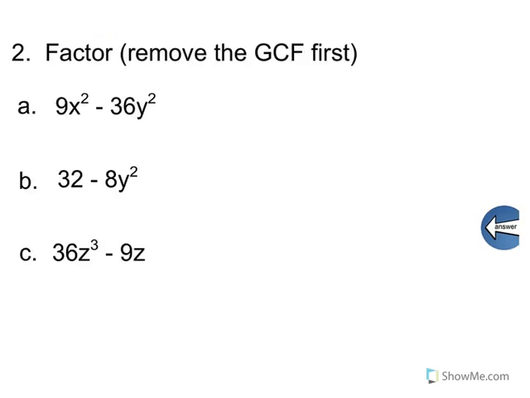Now, before we factor differences of squares, just like with everything else, you want to pull out the GCF first. So when we look at 9x squared minus 36y squared, the greatest common factor that can be pulled out of both of these numbers is 9. So I factor out a 9. We're left with x squared minus 4y squared.